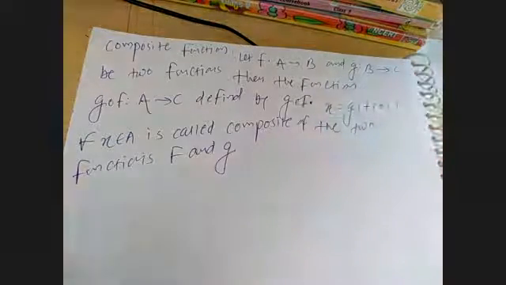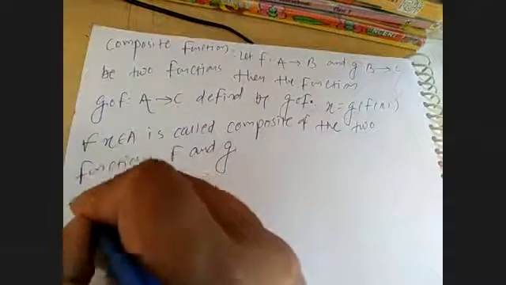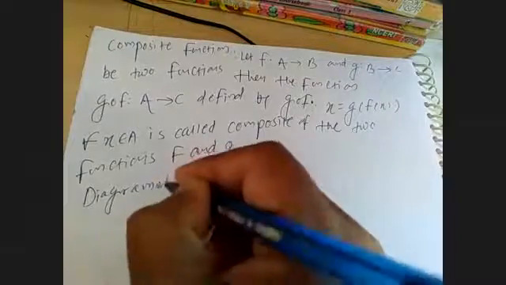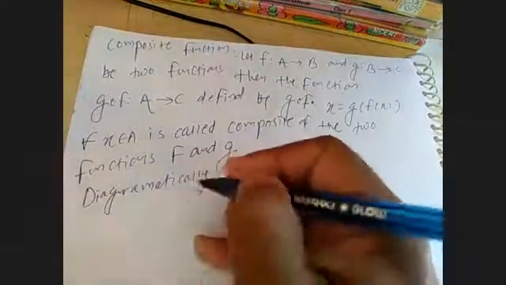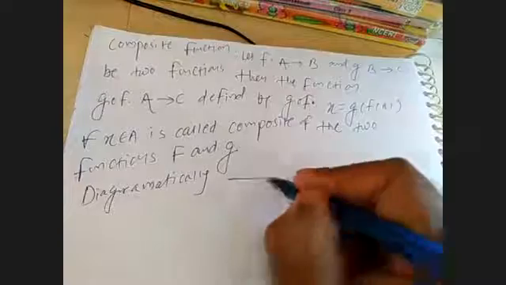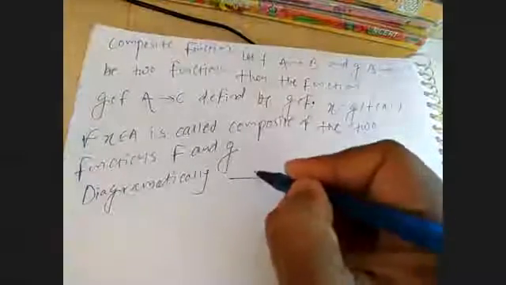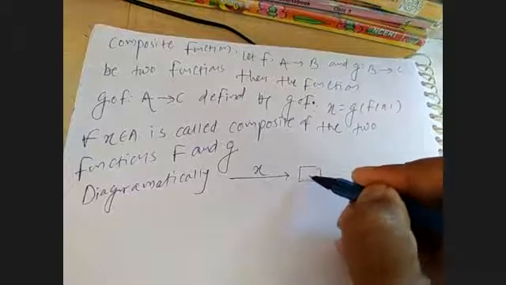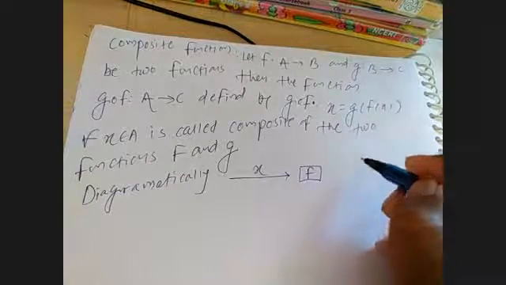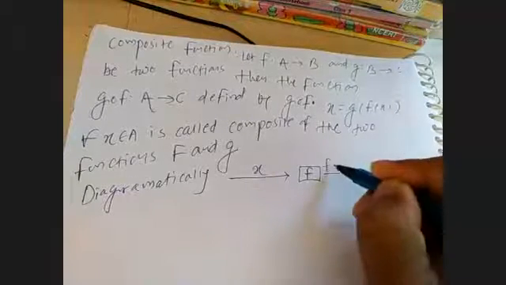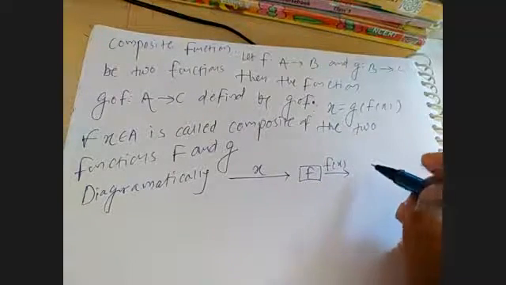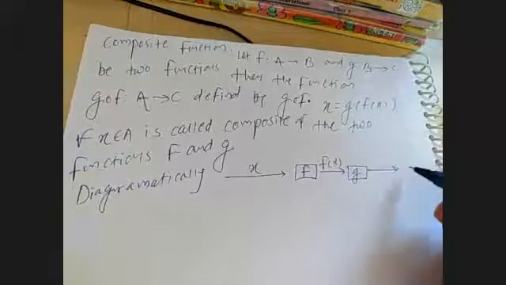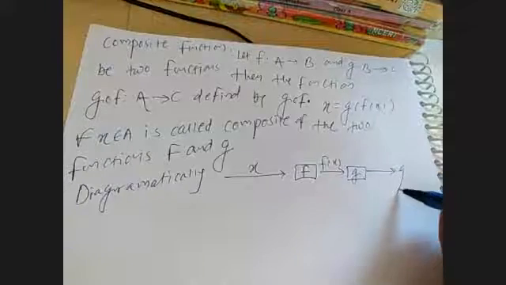Now, diagrammatic representation. Diagrammatically, a function f takes x to f of x, and g takes that to g of f of x.